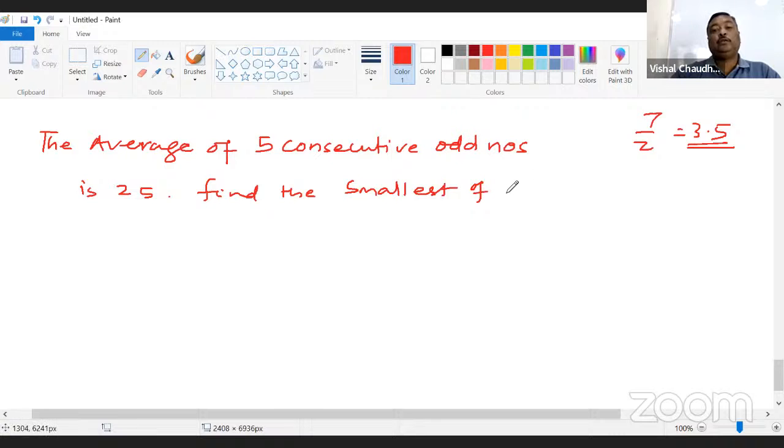Find the smallest of these numbers. Please, can you attempt this question, everyone?